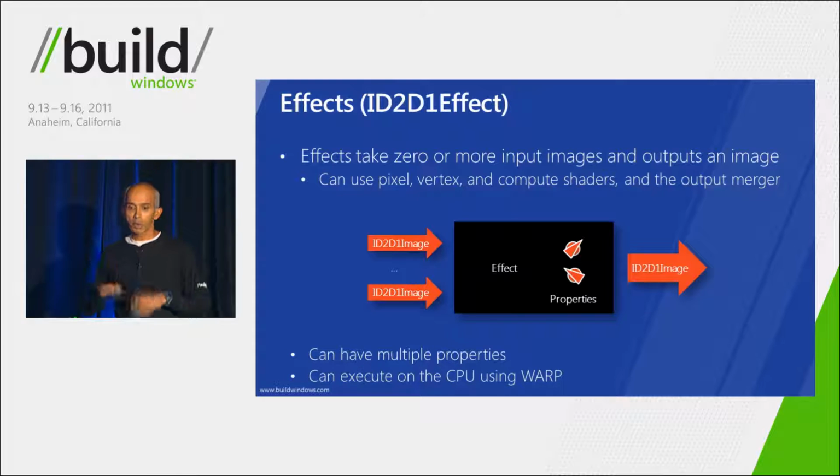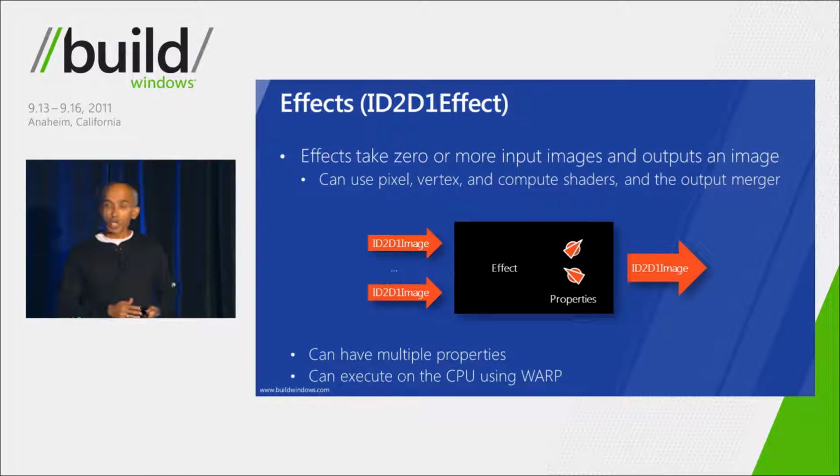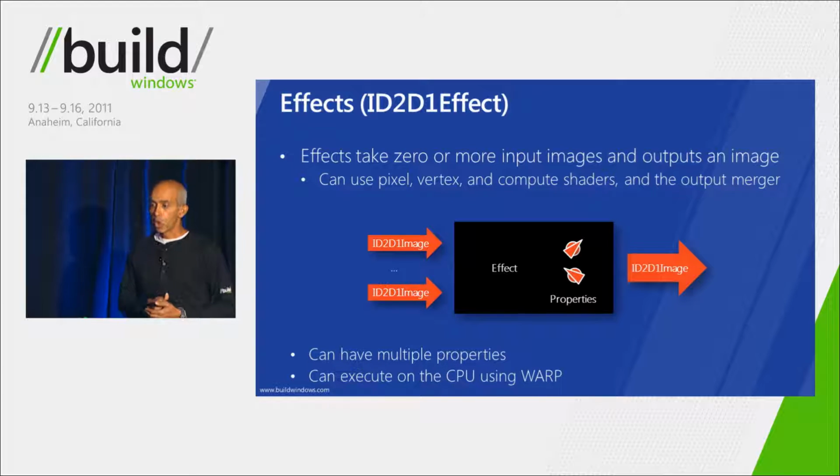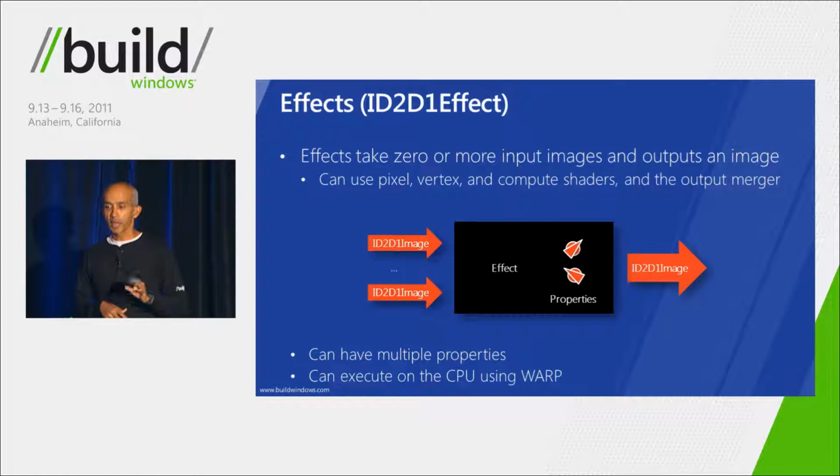So it's a little bit of a distortion that you apply. Or they can use the output merger unit for compositing and blending, or some combination of all three. They can also utilize Direct Compute when desired. I'll talk about that briefly a little bit later.